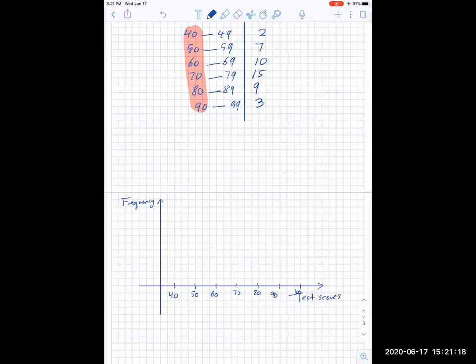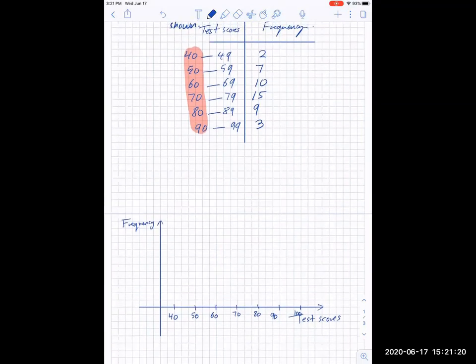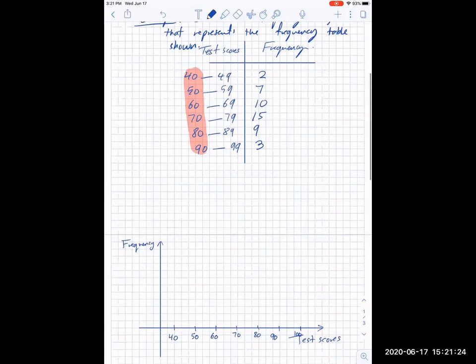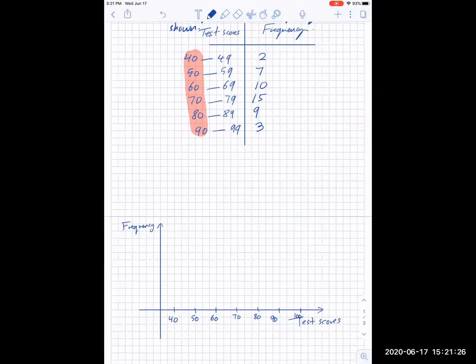And then I'm going to construct a frequency histogram. So I'm going to look at my frequencies here. I have 2, 7, 10, 15, 9, 3.